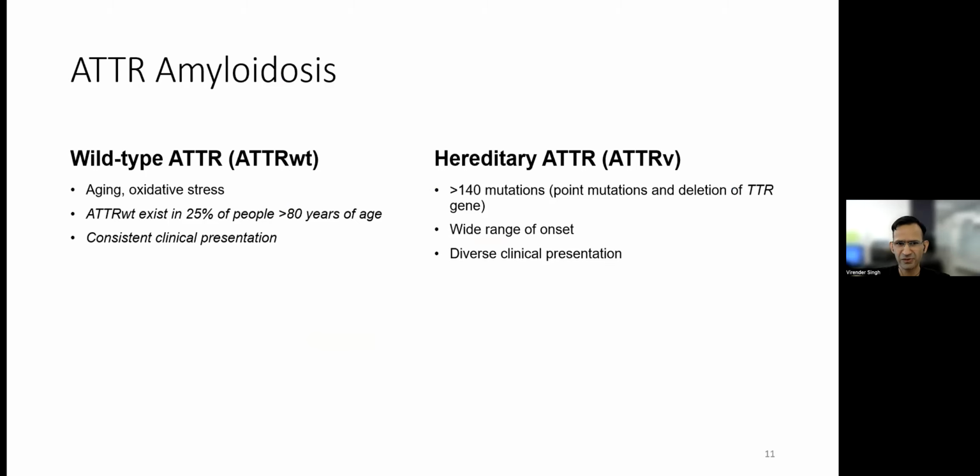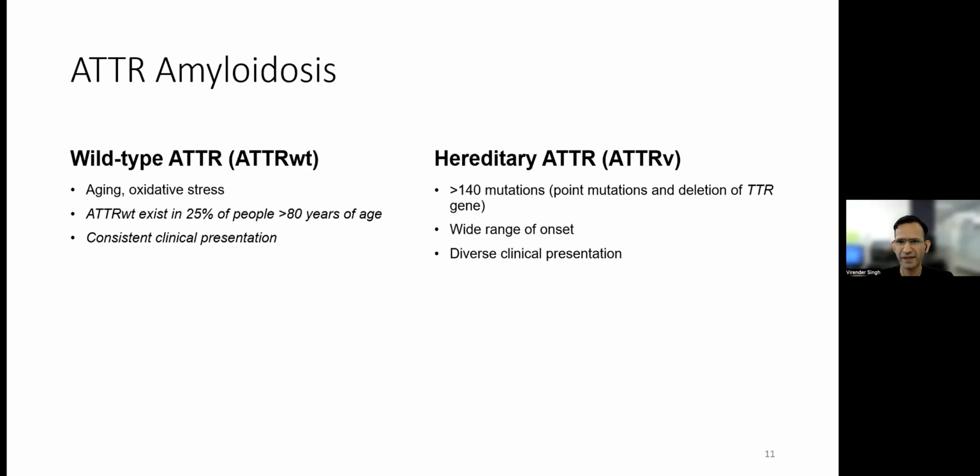As I mentioned, there are two classes. One is wild type ATTR, which is mostly related to aging, and it has been observed that ATTR wild type amyloid exists in 25% of people above 80 years of age. This is data collected based on the analysis of tissues at autopsies. It has been found that ATTR wild type amyloidosis cases have a more consistent clinical presentation.